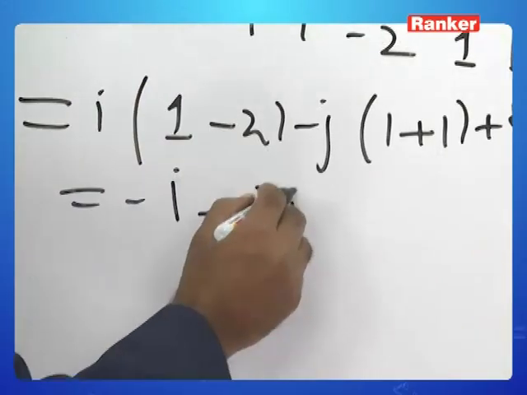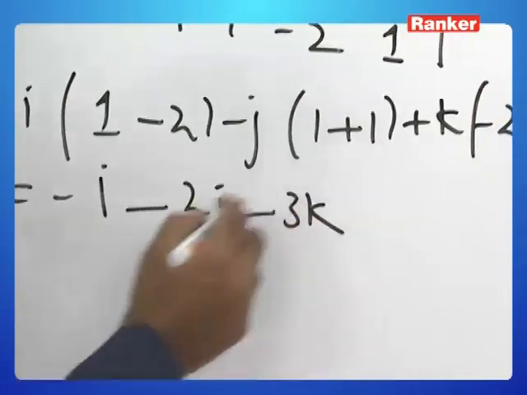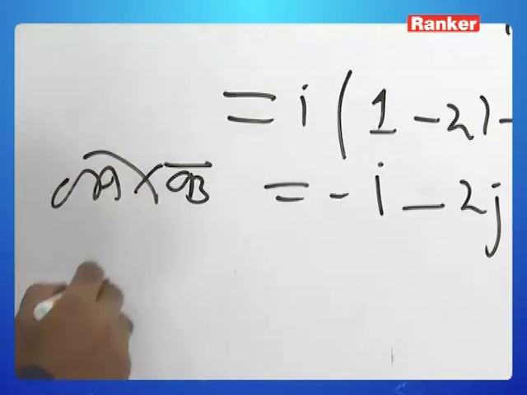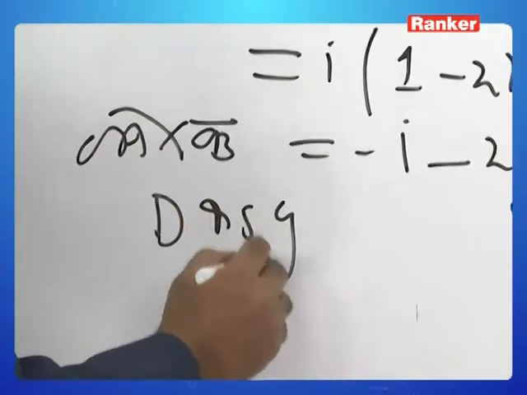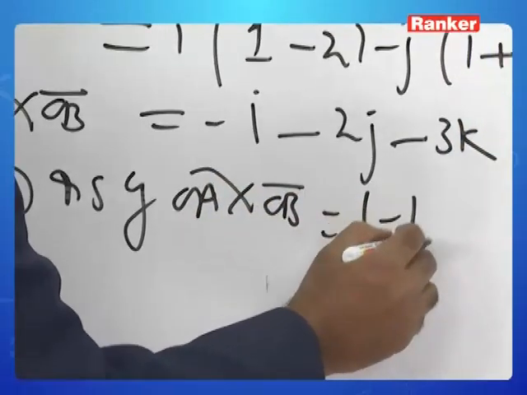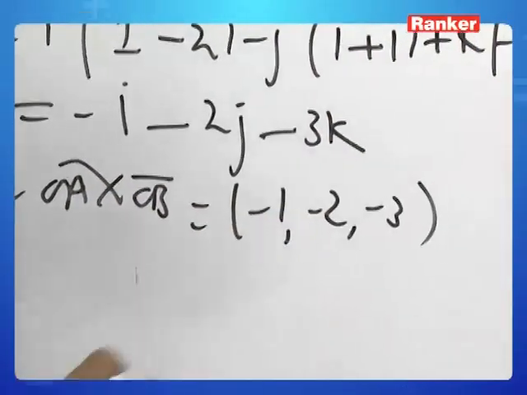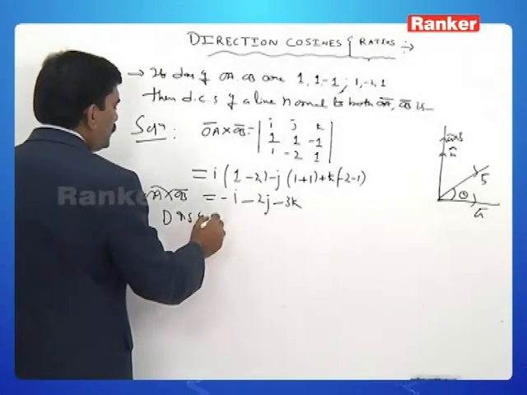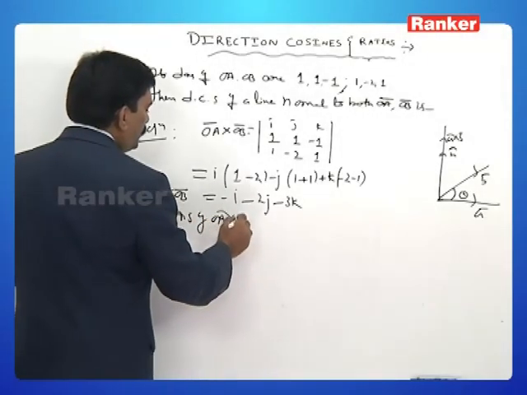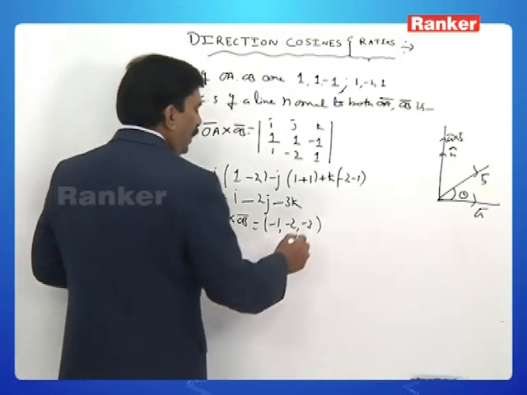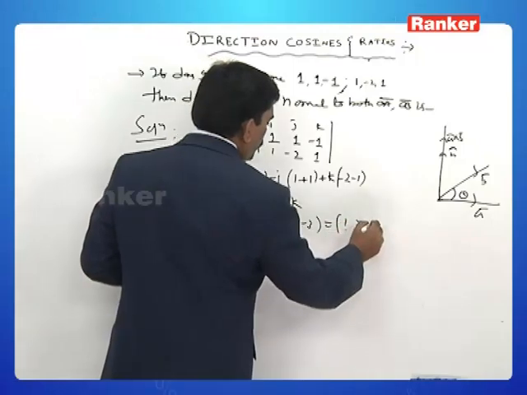This is 1 minus 2, minus j into 1 plus 1, plus k into minus 2 minus 1. So this is minus i, minus 2j, minus 3k, which is OA bar cross OB bar. So the DRs of OA bar cross OB bar are minus 1, minus 2, minus 3. I can also write 1, 2, 3.